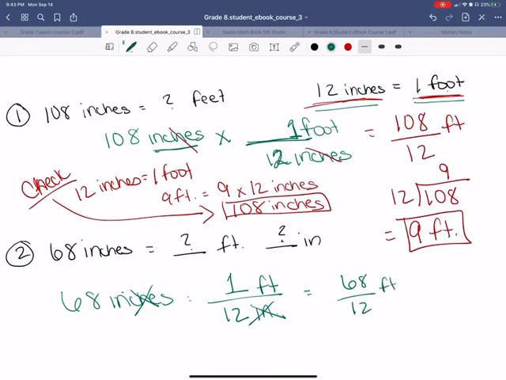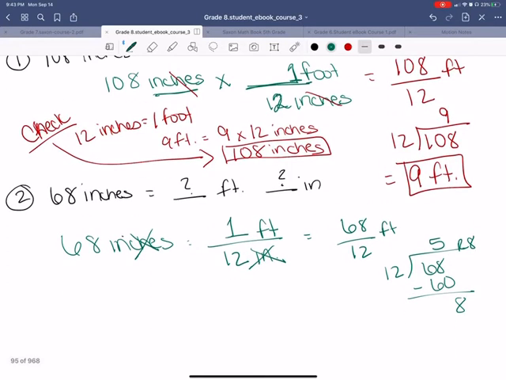The closest we get to 68 is when we multiply 12 times 5, which gives us 60, and we're left with 8 remaining. So we have 5 feet and our remainder is 8 inches. And that's our answer.